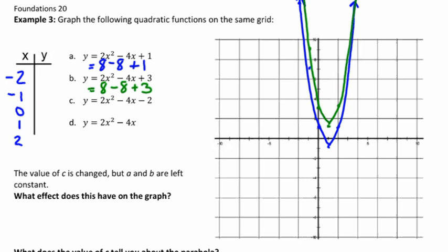Keeping our x values, we'll put for a third graph, 2x squared minus 4x, now minus 2. So again, that's going to be 8 plus 8 minus 2. 8 plus 8 is 16, minus 2 is 14.